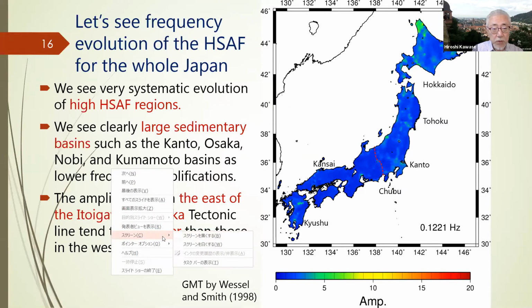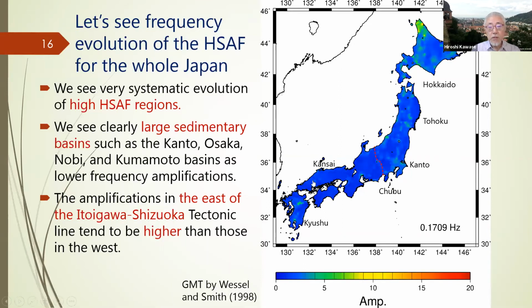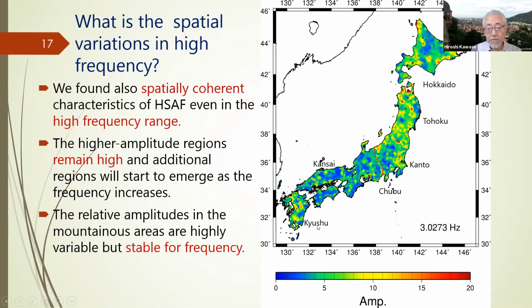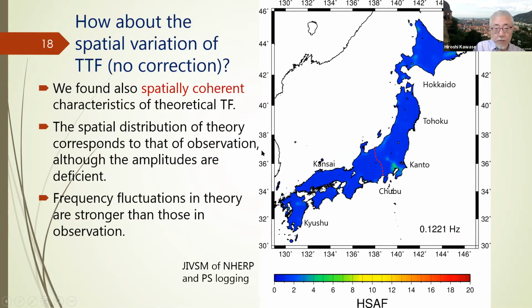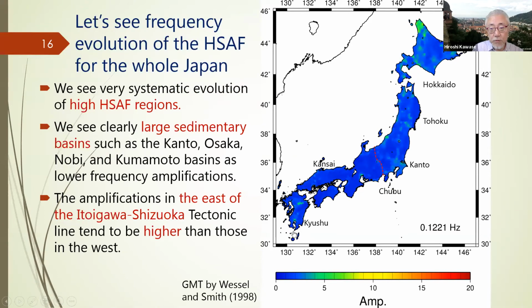In the same way, we can see the whole Japan island response by using the observed horizontal site amplification factor, as I interpolated the map by GMT. And this is an animation starting from 0.122 Hertz to 3 Hertz.